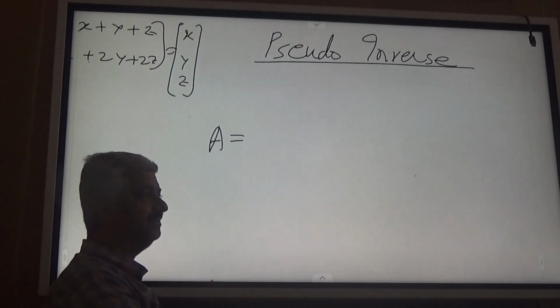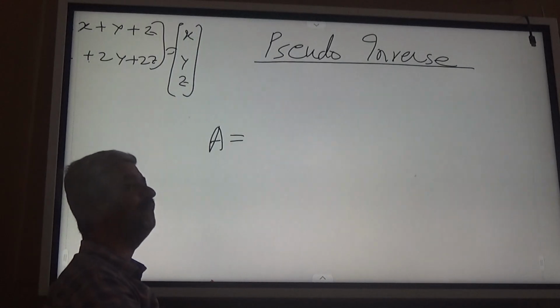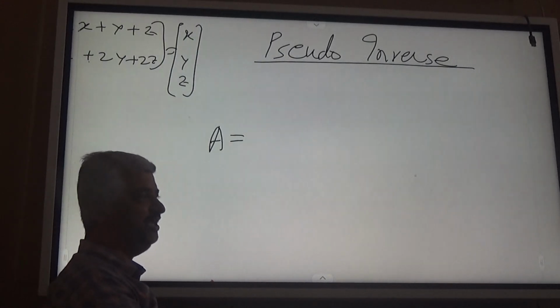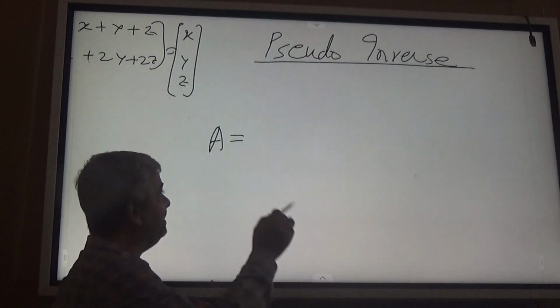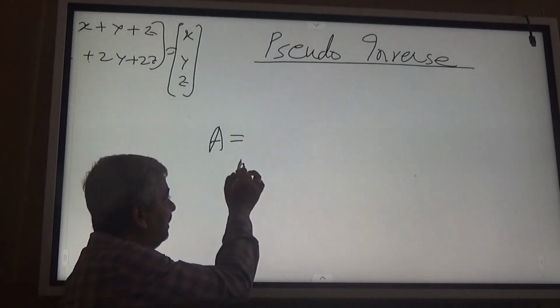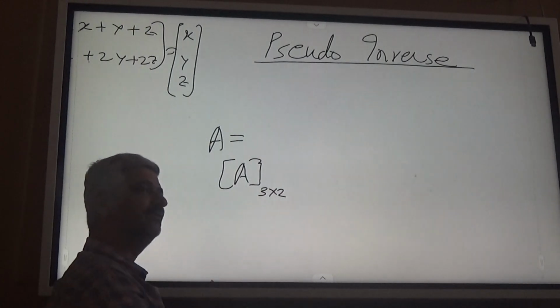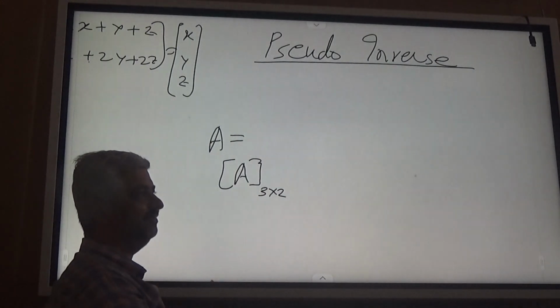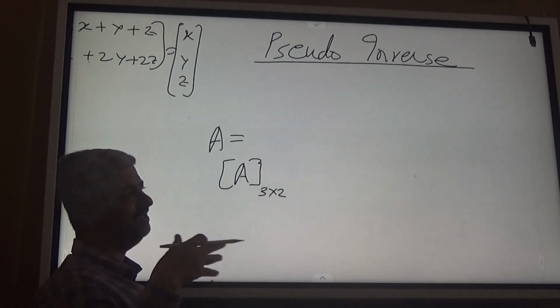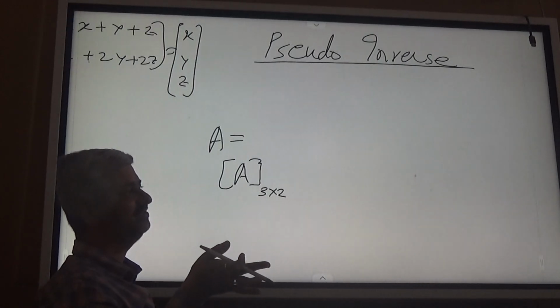Then can I think of its pseudo inverse G? A is 3 by 2. Now, how can you think of a pseudo inverse?